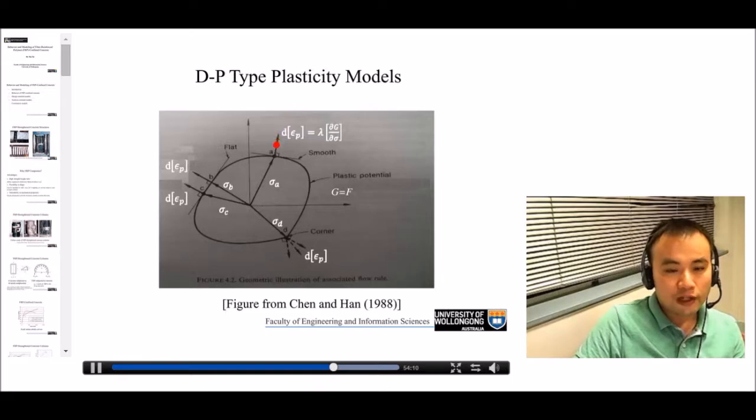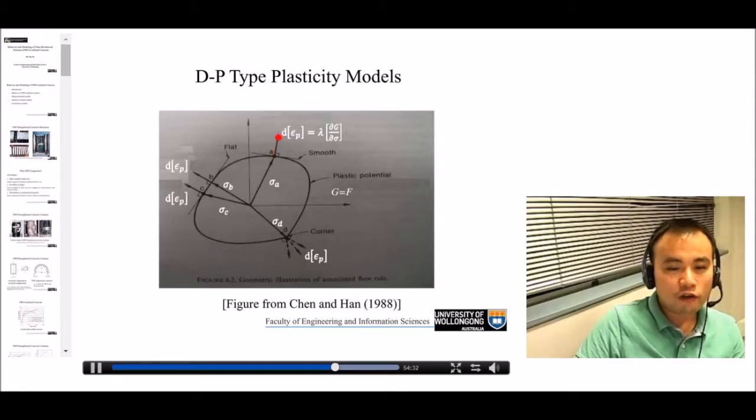This overall plastic deformation can be resolved into plastic deformation in two directions: one in the lateral direction, another in the axial direction.